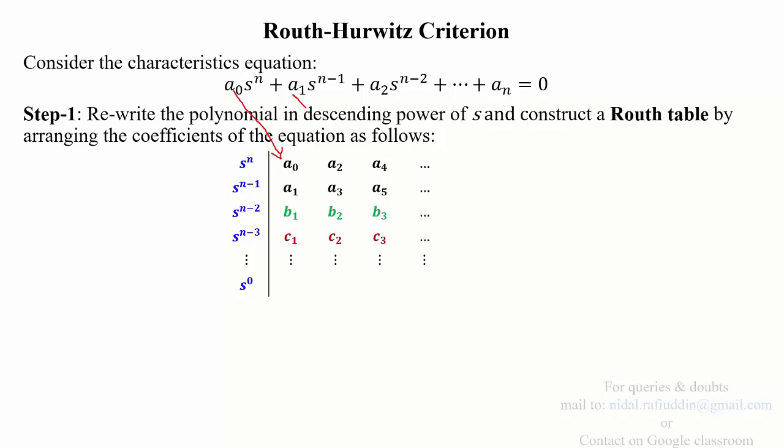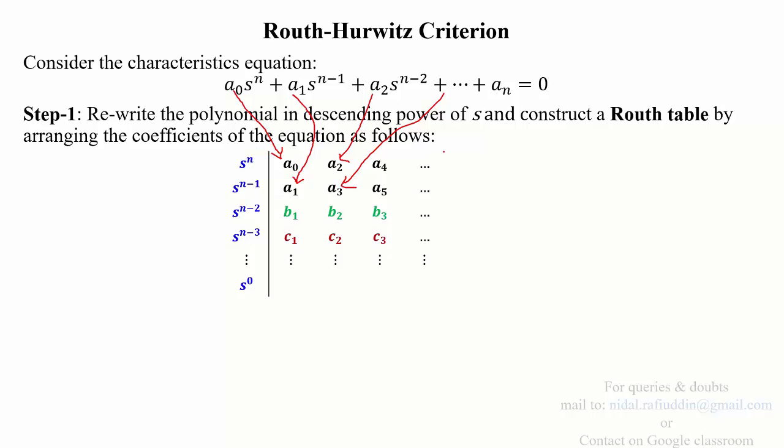Then you put the value a1 in the second row, first column, followed by a2 in the first row, second column. Then you have a3 in the second row, second column, and so on up till an. This is how you populate the first two rows using the characteristic equation.